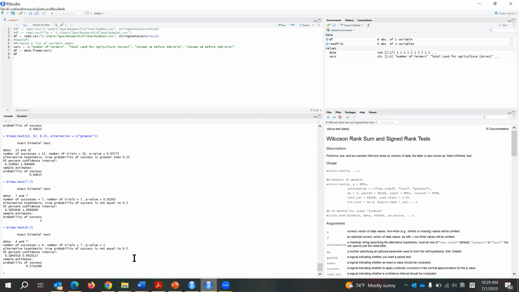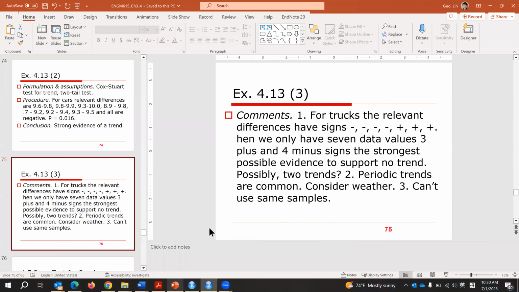Okay, this time the p-value is almost 1, which means we can definitely not reject the null. There should be no trend for truck mileages.